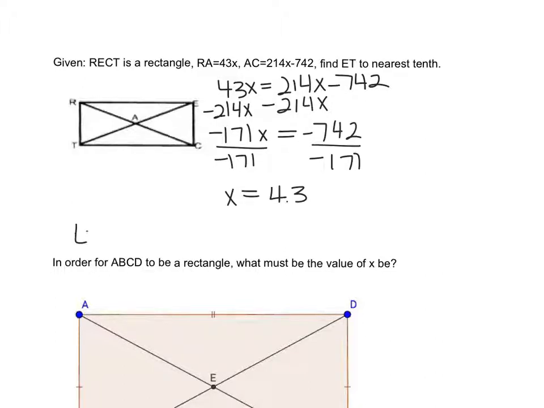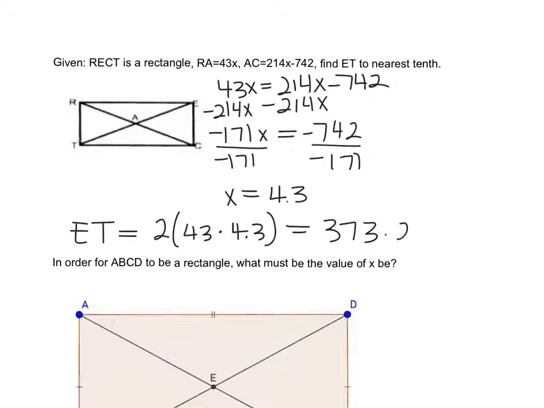So if I want to find ET, I can take one of my diagonals, such as 43x, and multiply it by 2. So I'm doing 2 times 43 times 4.3. Plugging that into a calculator, we get that ET has a length of 373.2 to the nearest tenth.